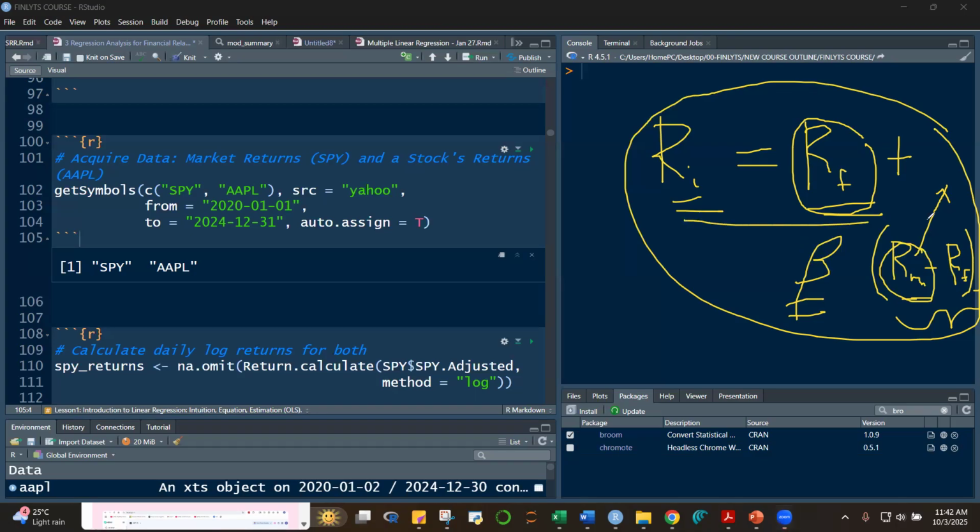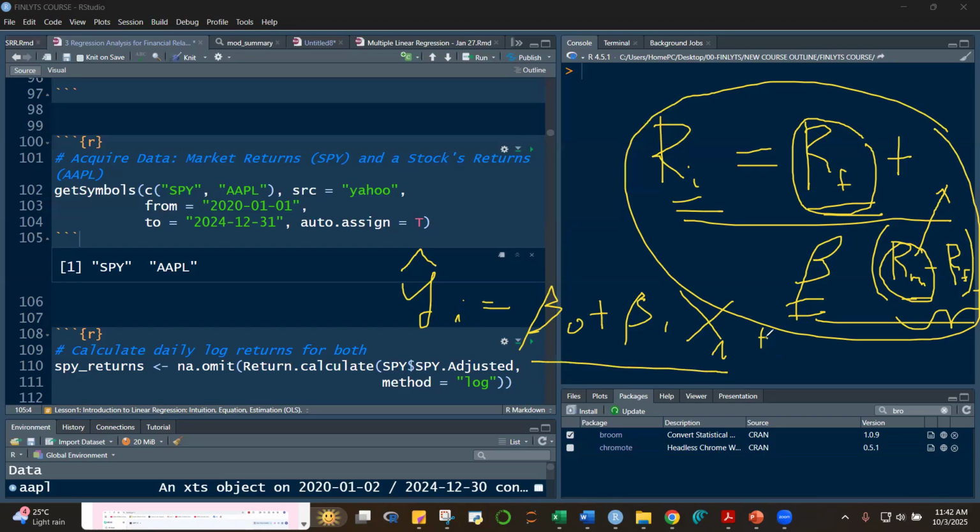So this is what we have in mind, and it's exactly equal to y sub i is equal to beta null plus beta 1 times x sub i plus your epsilon. Or if I remove the epsilon, I have to put a hat here. Y hat is equal to beta null plus beta 1 times x sub i, because this is your predicted value without the epsilon.